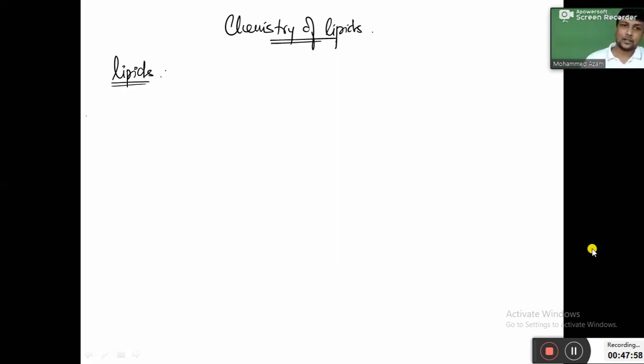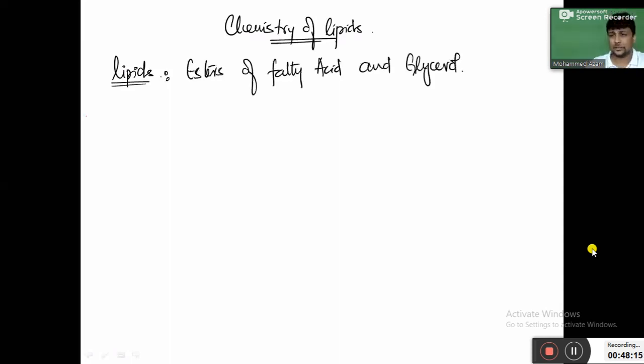Lipids are actually... Now you might find this definition more of a chemistry part that is very weird. Okay, chemistry of lipids, no problem.